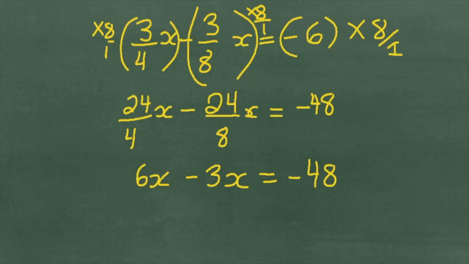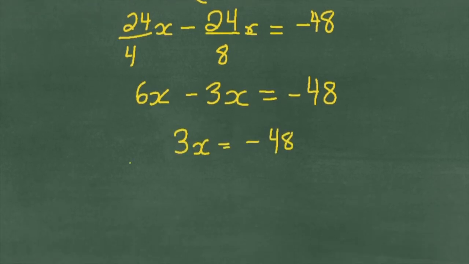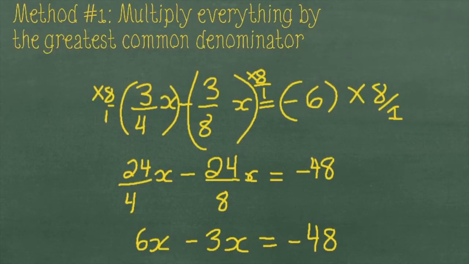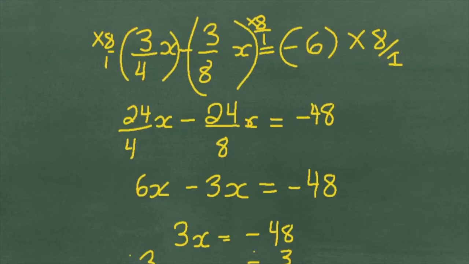Now if we continue, 6x minus 3x is 3x, and negative 48 stays here, and then you divide both sides by 3, and we get that x is equal to negative 16. And that is the answer on how to do it by finding a common denominator and multiplying everything by a common denominator.